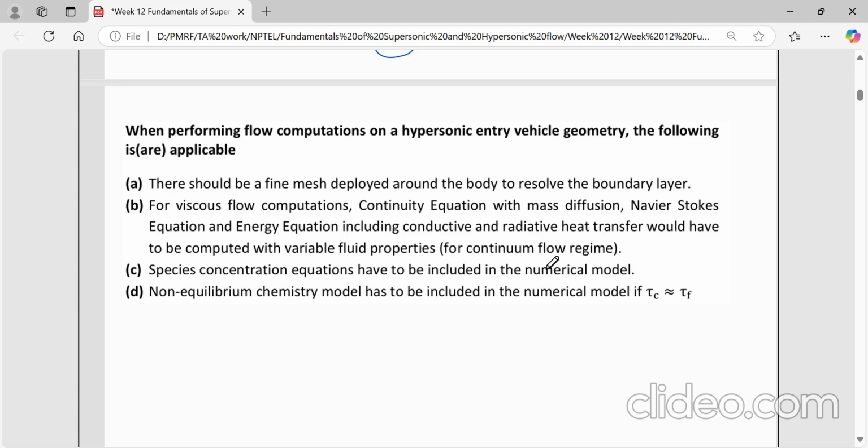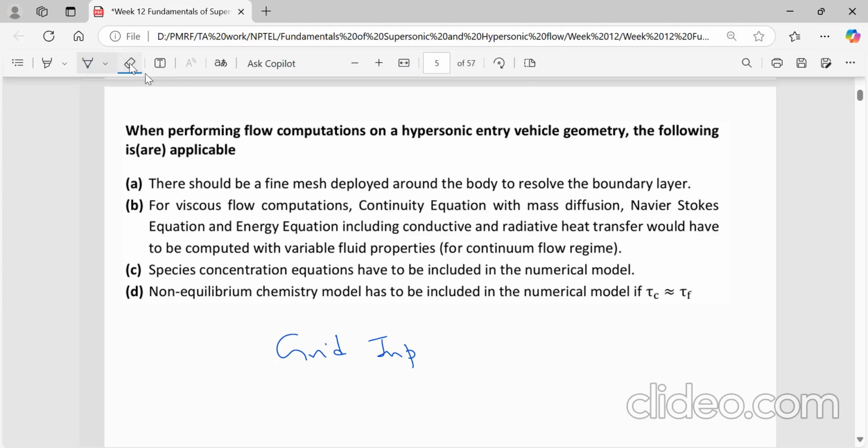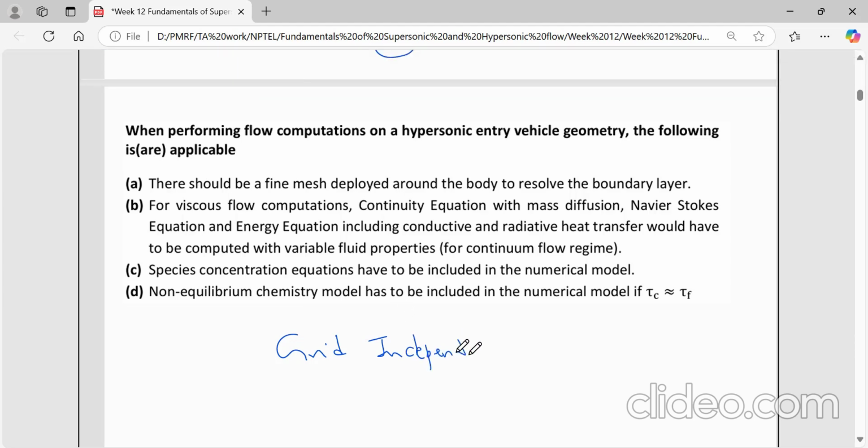So we'll check all these options one by one. First option, there should be a fine mesh deployed around the body to resolve the boundary layer. The mesh should be fine, and to check the mesh we also do a grid independence study.